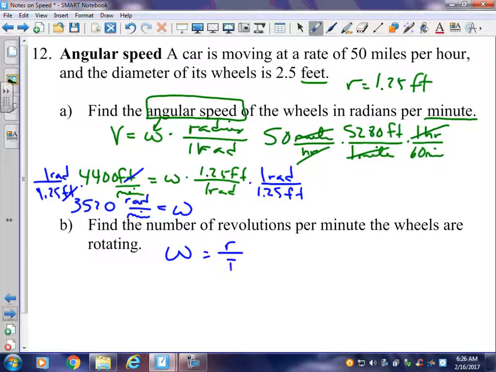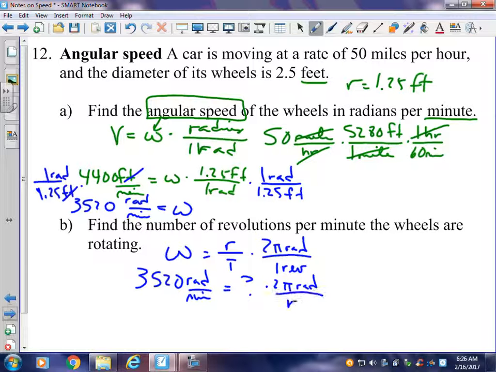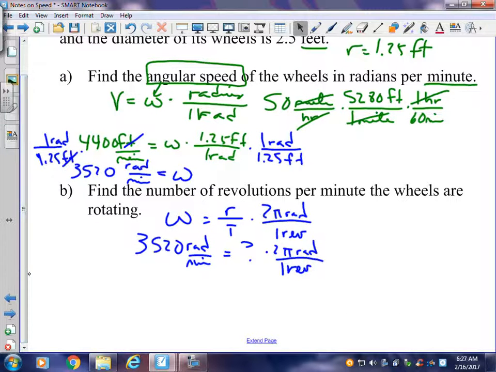Now to convert that to revolutions, we go back to the omega formula, which says revolutions over time times 2 pi radians over 1 revolution. And we plug in this number we just found for the omega. And we set that equal to question mark times 2 pi radians over 1 revolution, because we don't know the revolutions over time. That's what we're trying to find, that whole fraction. And when we flip and multiply 1 revolution over 2 pi radians, that makes my radians cancel.